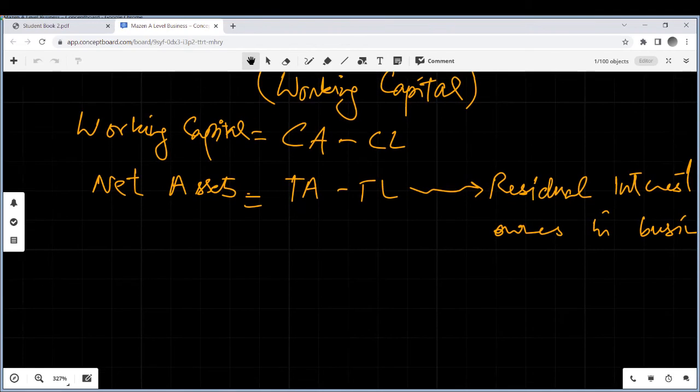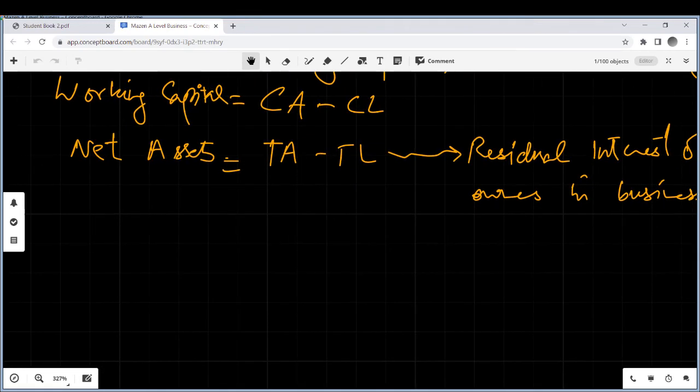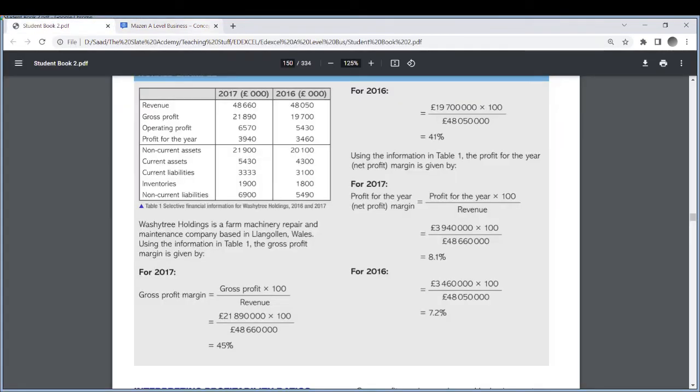But are the total assets given in the financial statement? Good question. They're not. They're given broken up in two categories, non-current assets and current assets. If you add non-current assets and current assets, what do you get? The total assets. Excellent. And the same way you'll have to do for non-current and current liabilities. You get total liabilities.